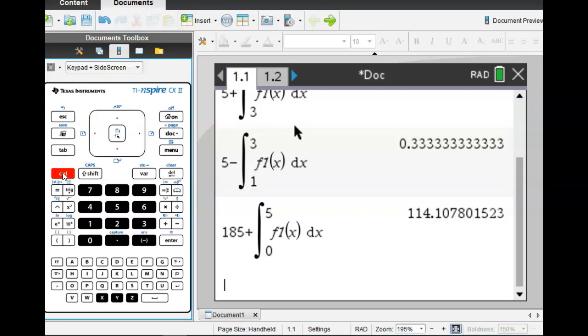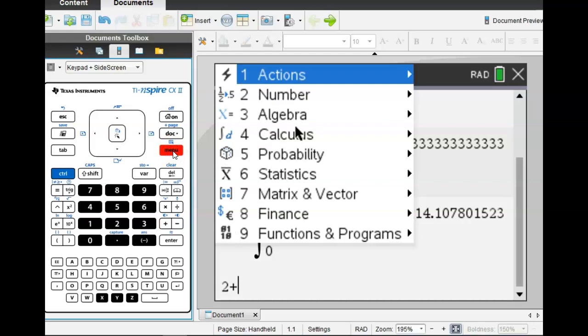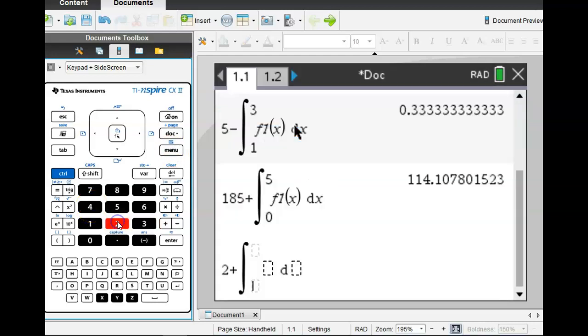All right, so I'm going to type in then 2 plus, right? No, that's an answer. That's not what I wanted. 2 plus, I want to do menu. I want to do calculus. I'm going to take an integral.